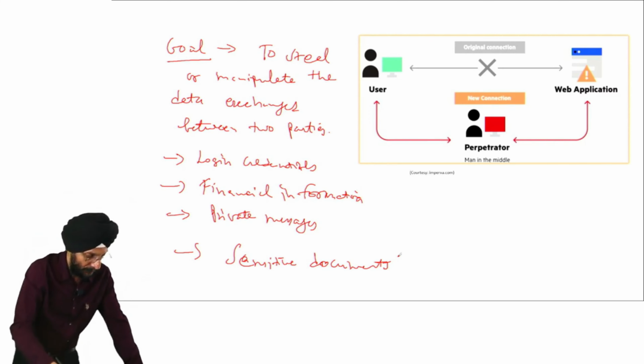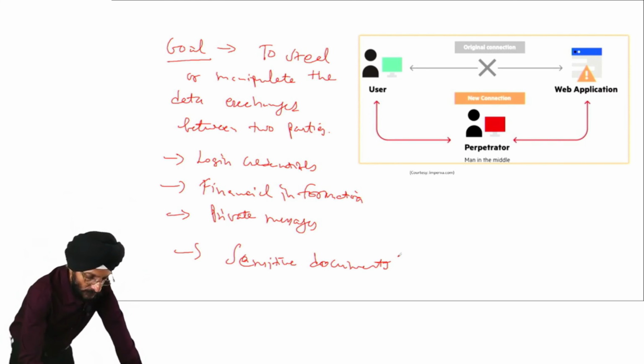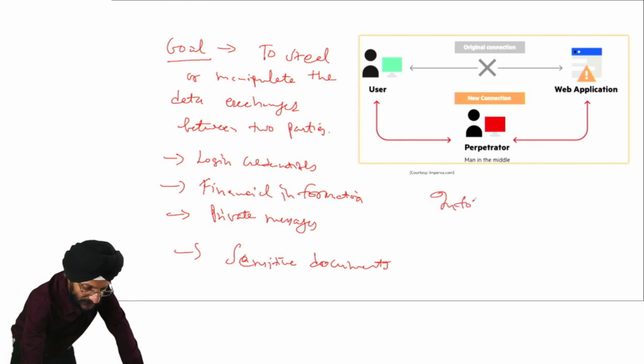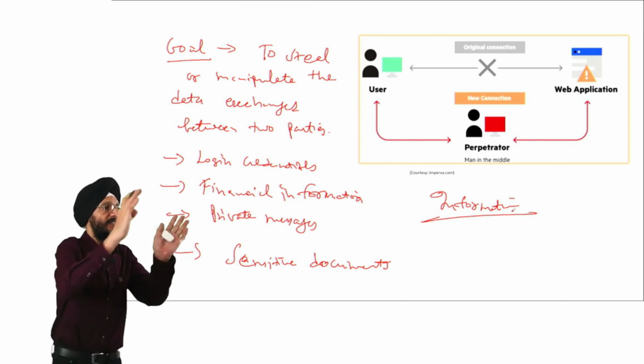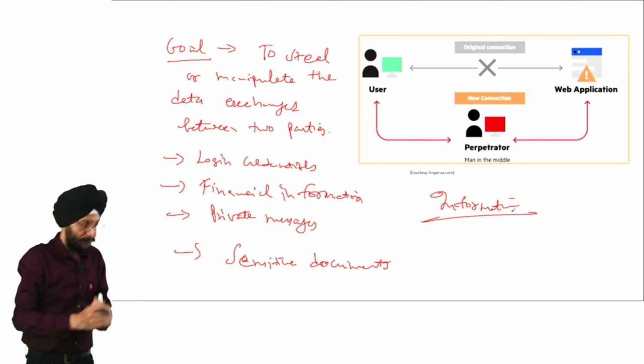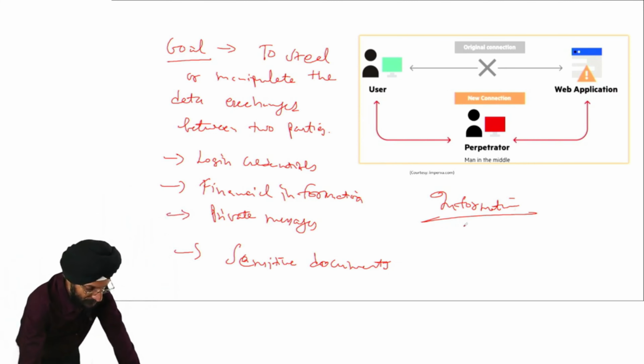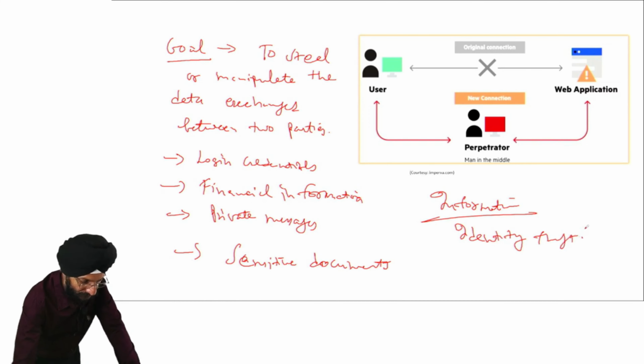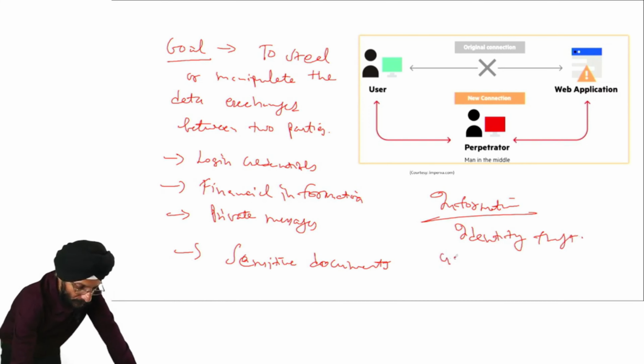to other person. So information which has been obtained due to these MITM attacks can be used for many purposes, such as identity theft or unapproved fund transfer.